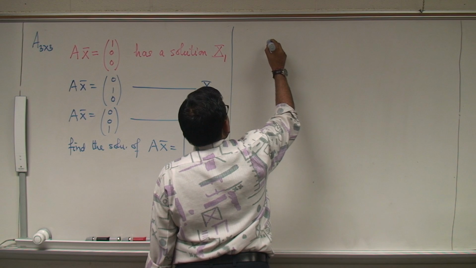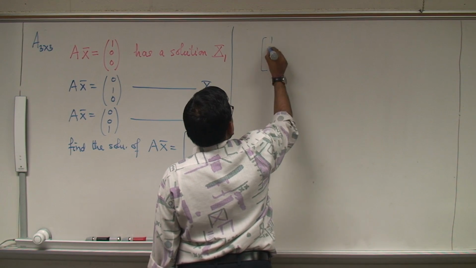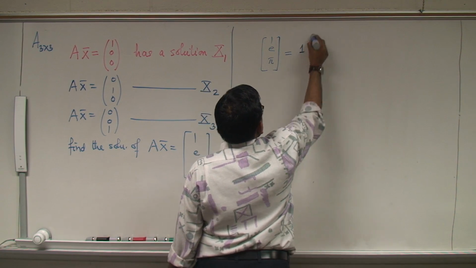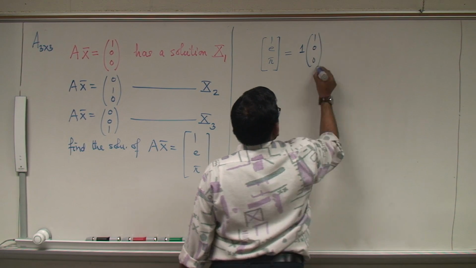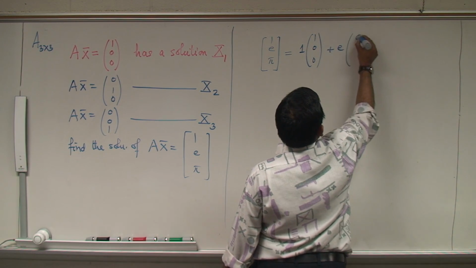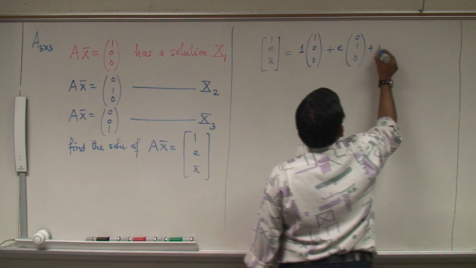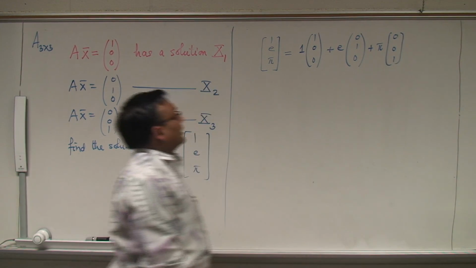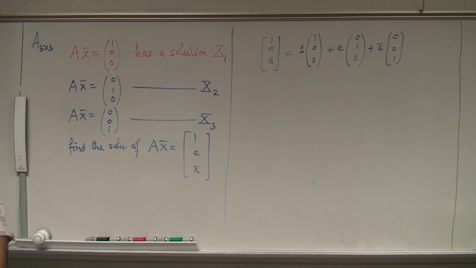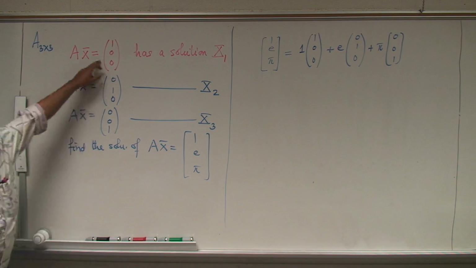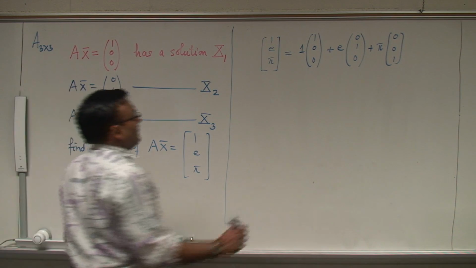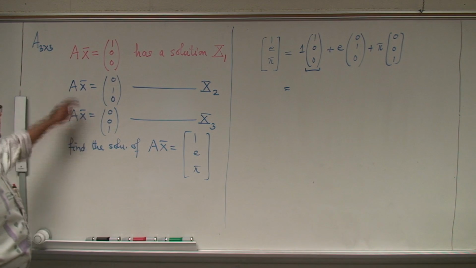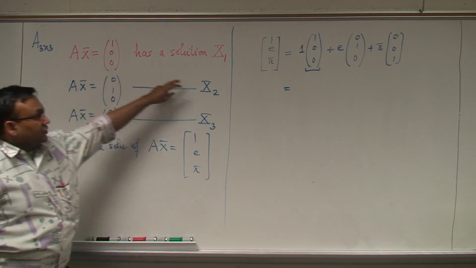What we know so far is, if you look at (1, e, pi), can I say this is 1 times the vector (1, 0, 0) plus e times the vector (0, 1, 0) plus pi times the vector (0, 0, 1)? So (1, e, pi) can be written as a linear combination of the right hand sides that I have over here. Now look at this. We are saying Ax equals (1, 0, 0) has a solution x1.